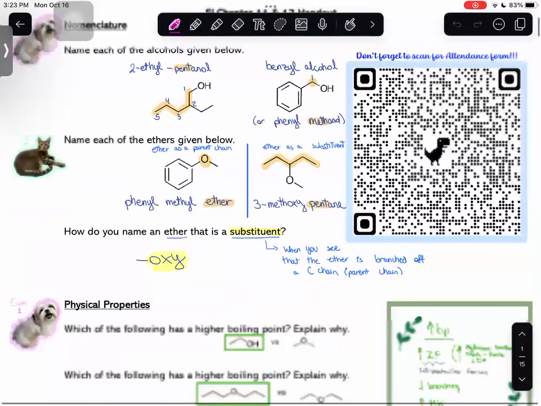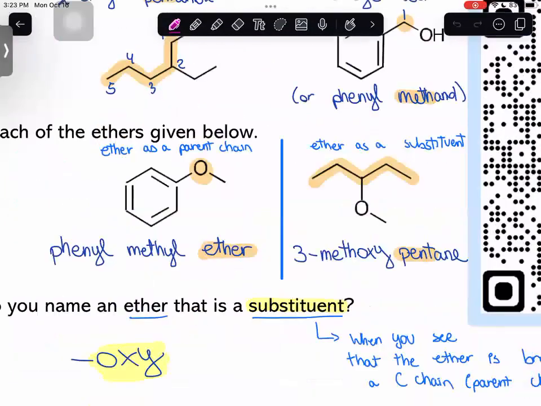Now, remember, we have two ways in which we can name the ethers. The first one was the easy one, when the ether is the parent chain. The second one, with oxy, was whenever that ether was branched off from a carbon chain. So, do we remember that part? A little bit. We don't remember at all.